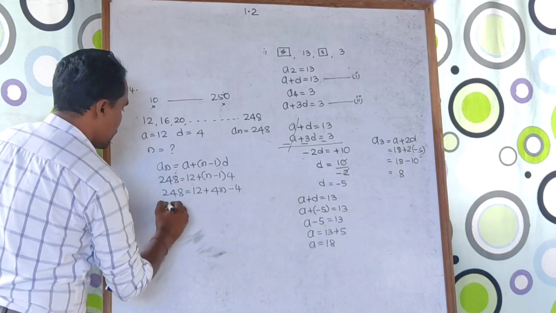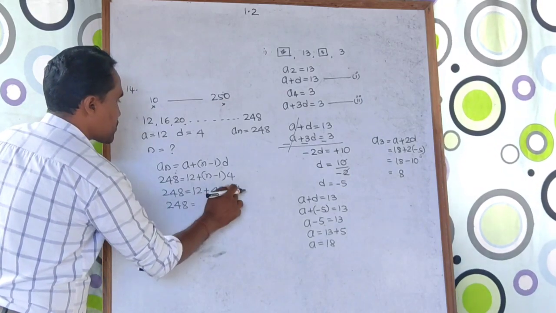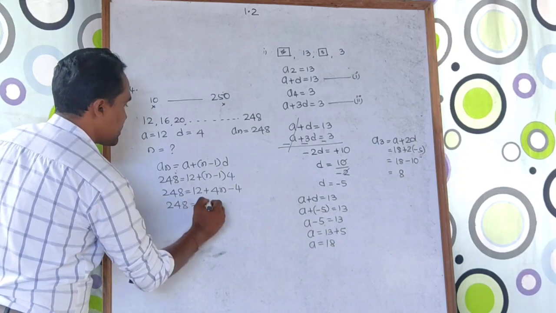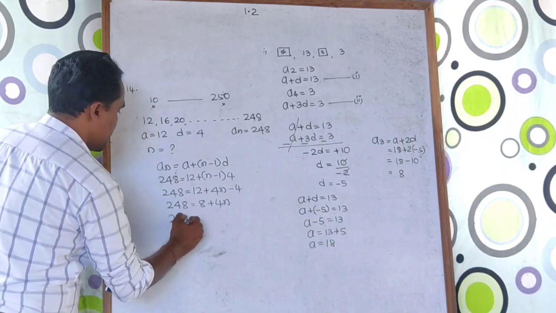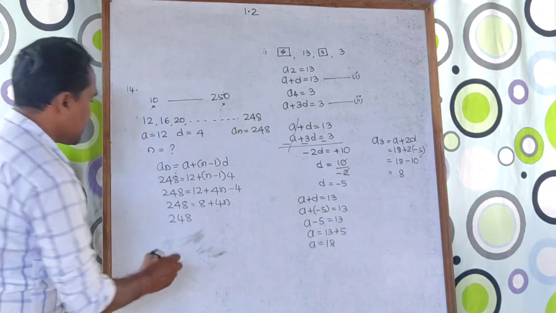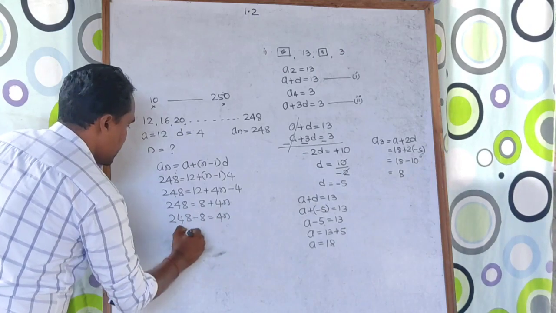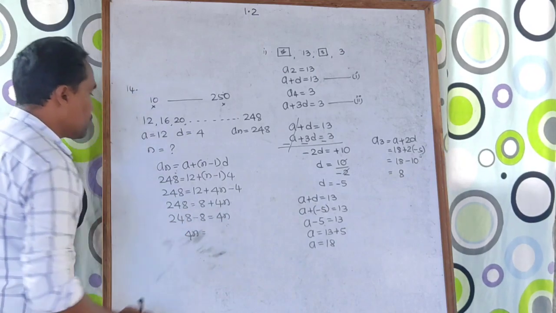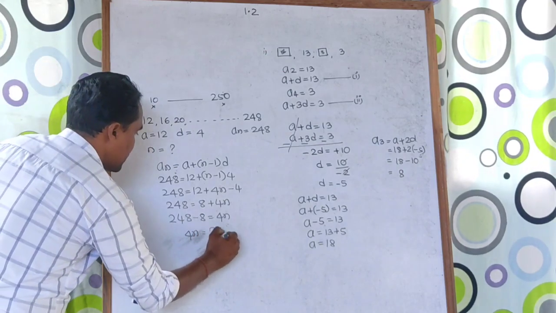Now 248 equals 12 minus 4, which is 8, plus 4N. Taking 8 to the left hand side, it becomes minus 8 equal to 4N. Now 4N equals 248 minus 8, equal to 240.